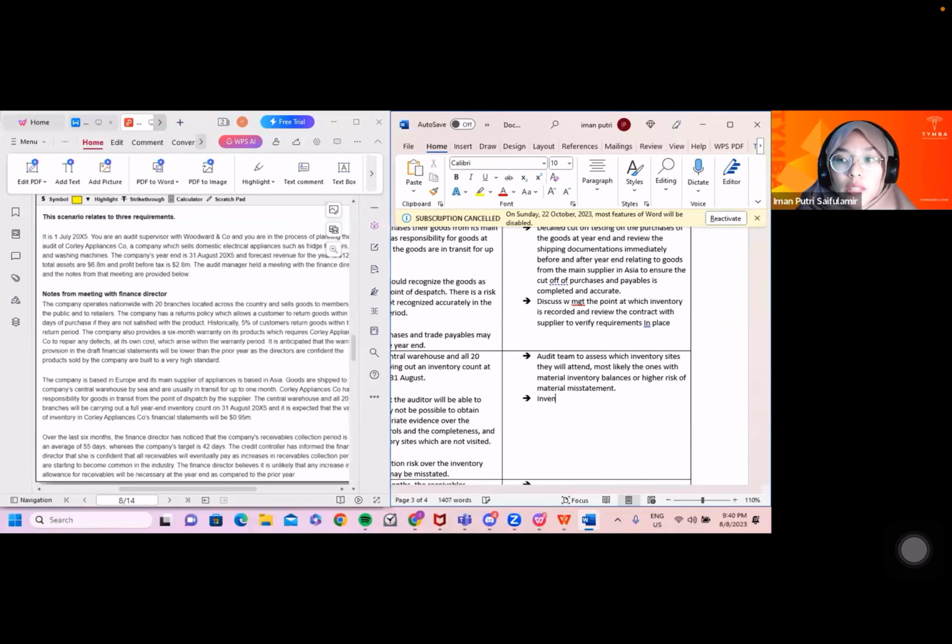So for the inventory counts which the auditor will not attend, what are the things that we will basically do, guys? Can you guys recap on this, because we went through this together just now? There are basically two things, okay, three points here for the inventory counts which the auditor will not attend.